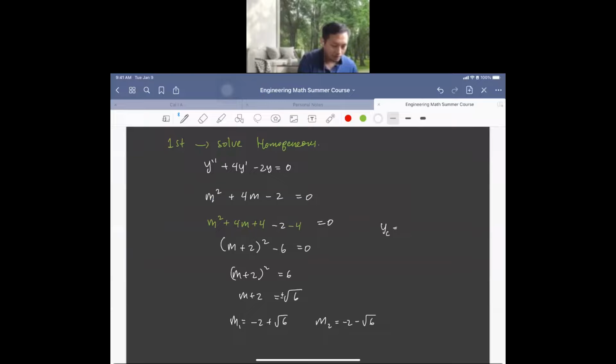So we got the homogeneous solution: c1 e to the power of negative 2 plus square root of 6 times x, and plus c2 e to the power of negative 2 minus square root of 6 times x.